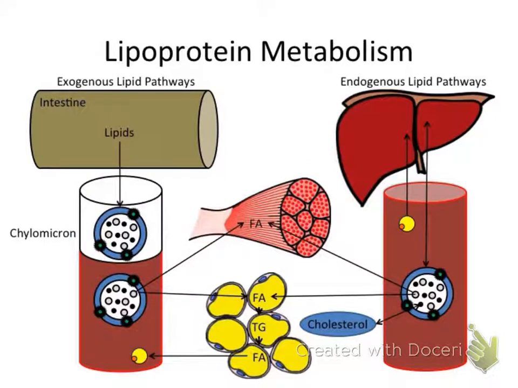Lipoprotein metabolism consists of the exogenous lipid pathway and the endogenous lipid pathway. In the exogenous lipid pathway, fats are acquired from the diet and then packaged into chylomicrons, which are exported into the intestinal lymphatics.